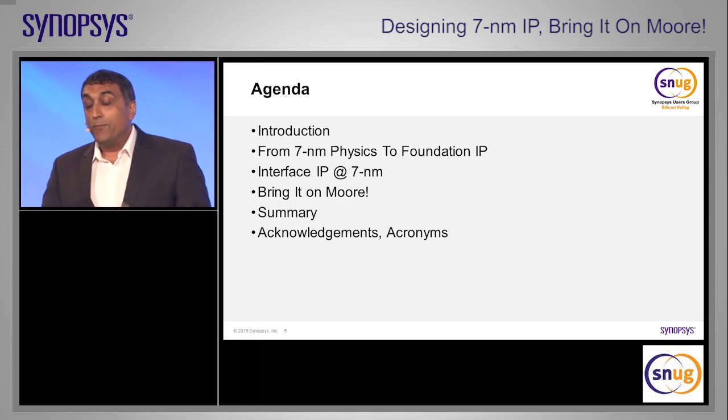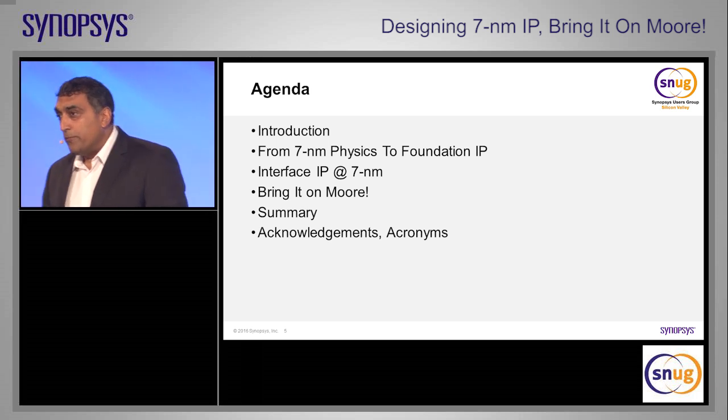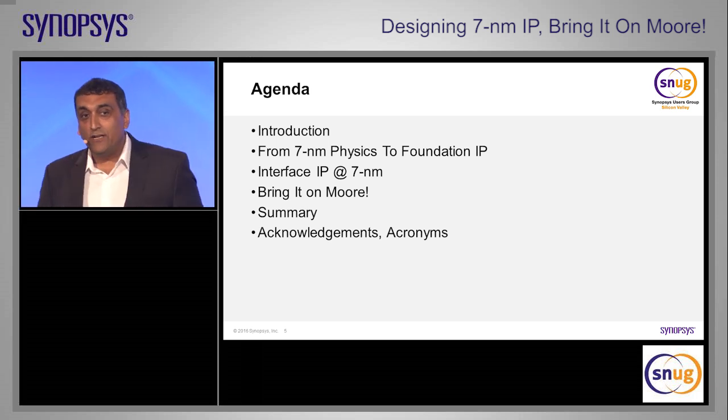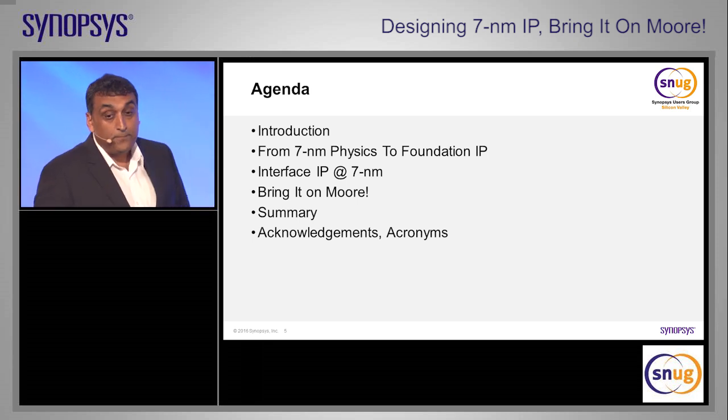From there, we're going to move into interface IP. For interface IP, I'm going to talk about both the transaction layer, so the digital IP, and also the PHYs, the physical IP.